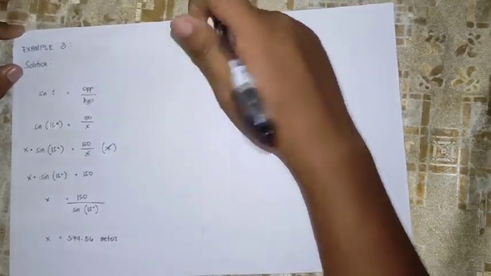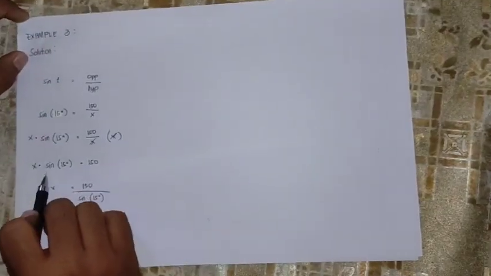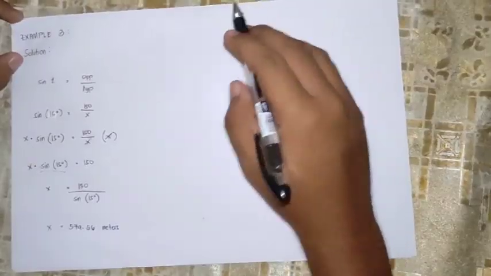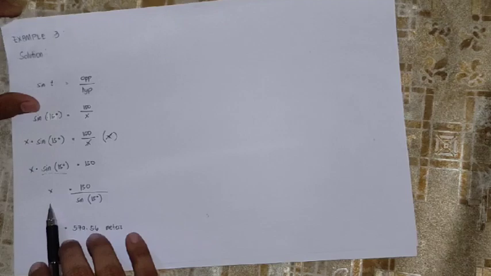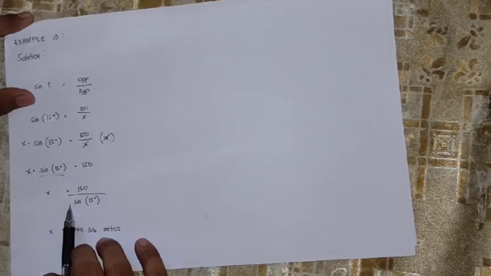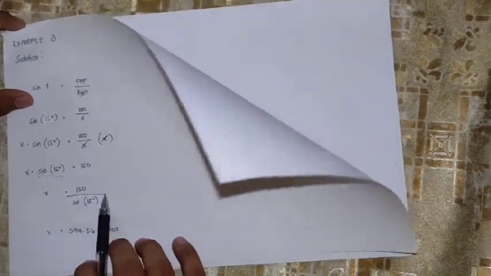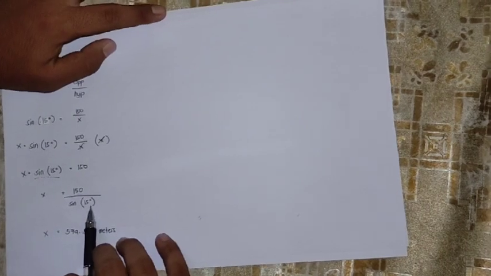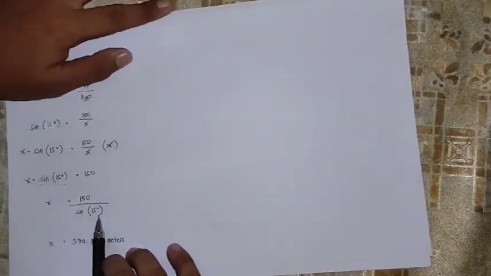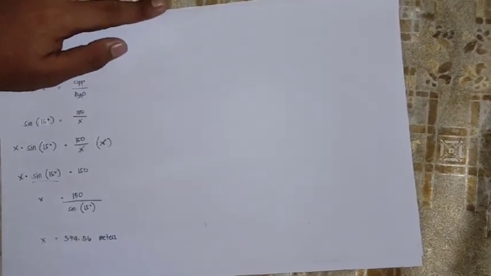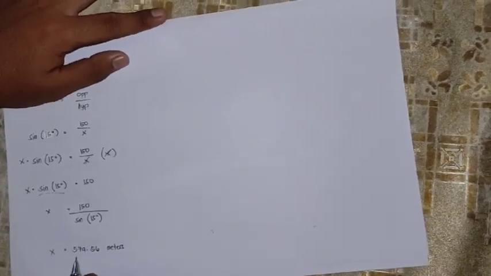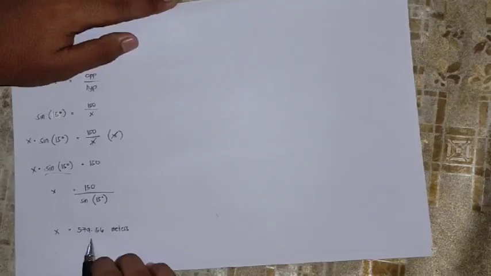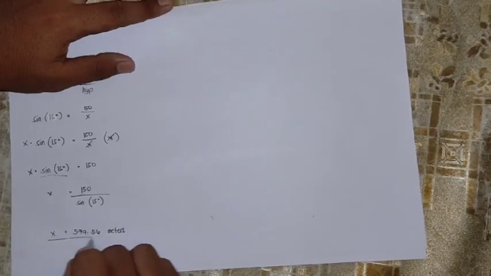Now, we will divide both sides by sin of 15 degrees so that the remaining term would be x. So it will result to x is equal to 150 over sin of 15 degrees. And we will solve this on our scientific calculator, and we will come up with x is equal to 579.56 meters.